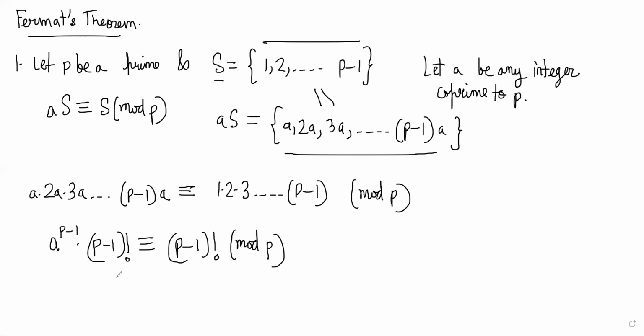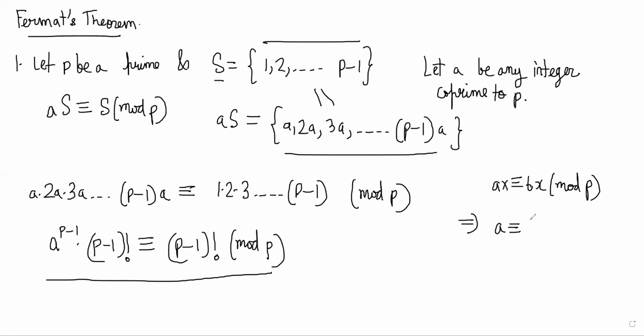We know from properties of congruence that you can divide both sides by the same thing as long as whatever you are dividing by is co-prime with P, like the property that AX congruent to BX mod P lets you divide by X as long as P and X are co-prime.